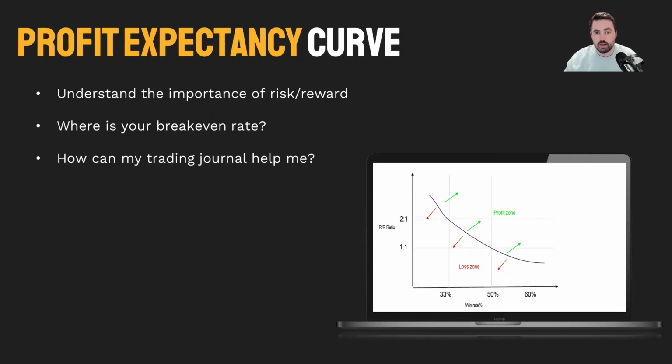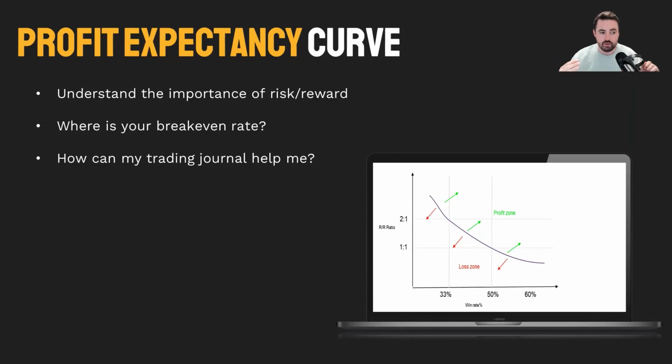I've worked with traders whose win rate is 70%, but it has to be that high because they risk more than they look to make. But they're consistent in that approach, and as long as they get 70% wins, they're going to make money. And I've also worked with traders who only win 1 in 9 trades, but because their risk reward is so high, they're going to be okay. So there is no secret sauce to risk reward, but we've got to be consistent with it and our trading edge and approach.